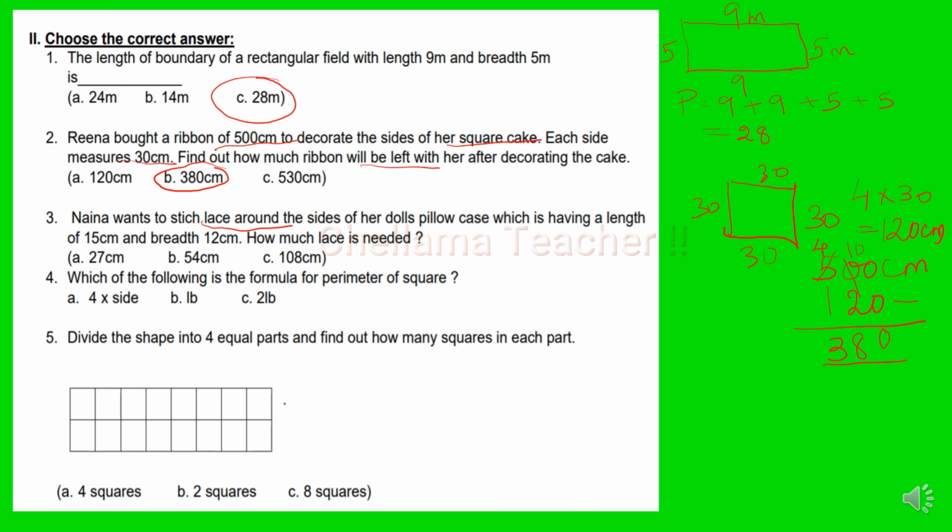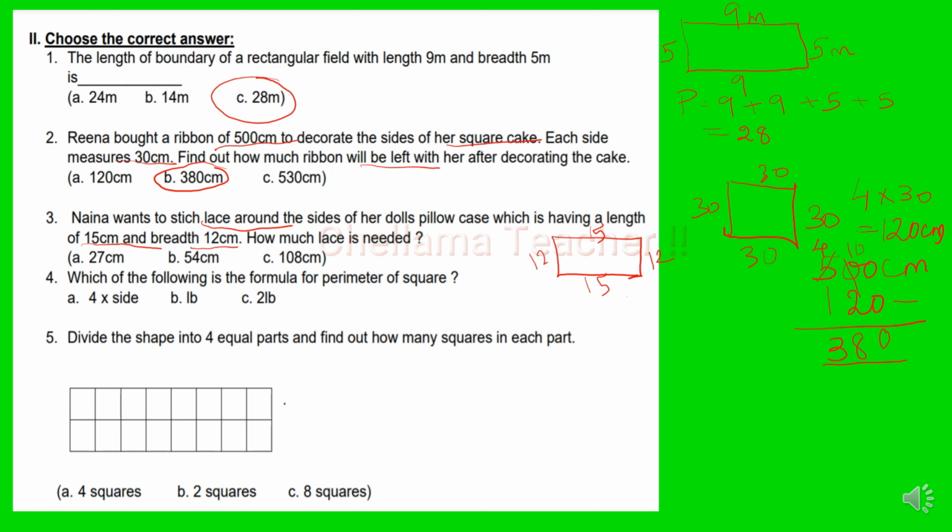It is a rectangular shaped one because the length is 15 centimeter and the breadth is 12 centimeter. So the pillowcase should be like this shape. What they are asking is the perimeter. So here also 15, here also 12.